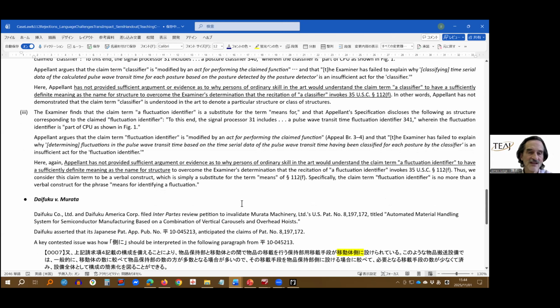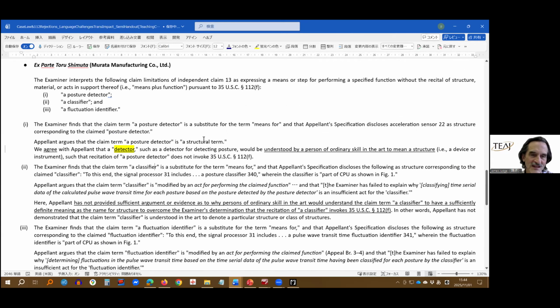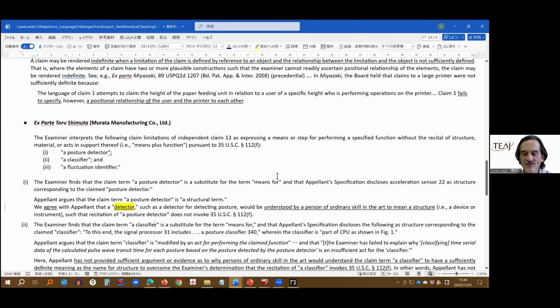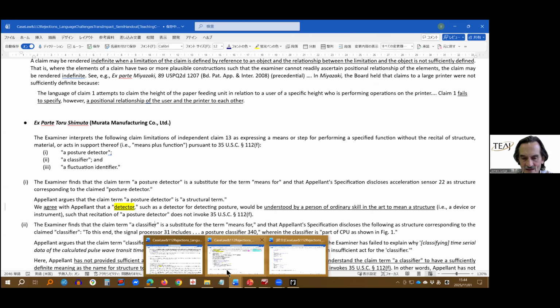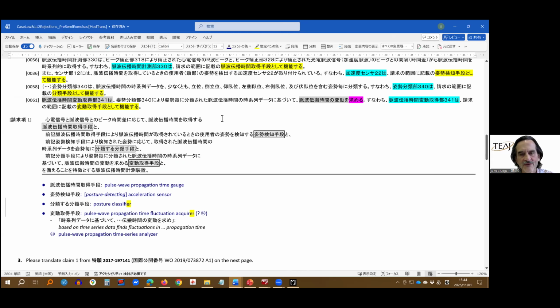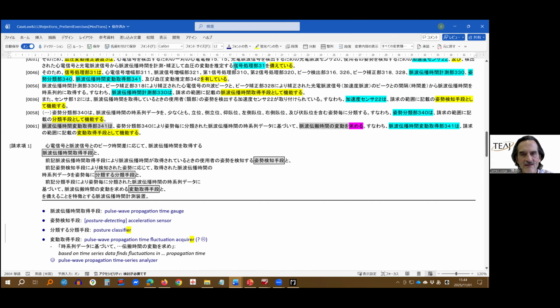So unfortunately, the problem is ultimately a claim drafting problem. Very briefly, the means plus function interpretation is overcome by claiming the processor itself and saying the processor is configured to function as this kind of circuitry and that kind of circuitry and the other kind of circuitry.